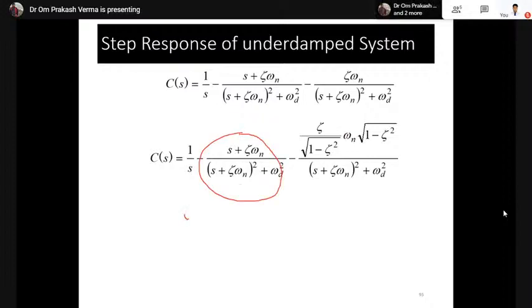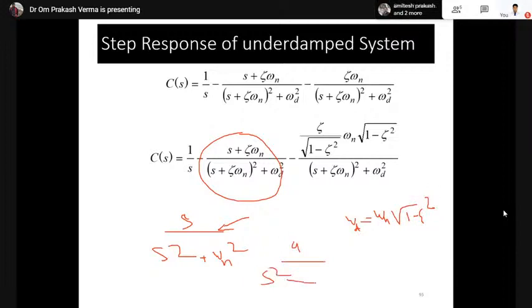This is no problem. s upon s square plus omega square is nothing but the Laplace transform of cos, and here omega d is defined as omega n root under 1 minus zeta square. Then a upon s square plus a square is the Laplace transform of sine a t.